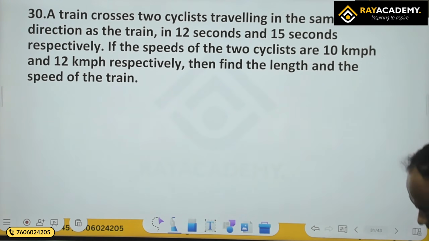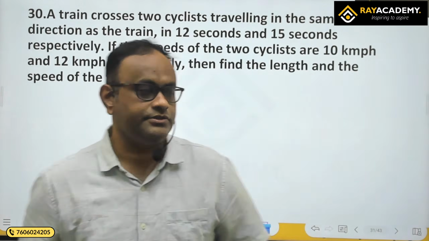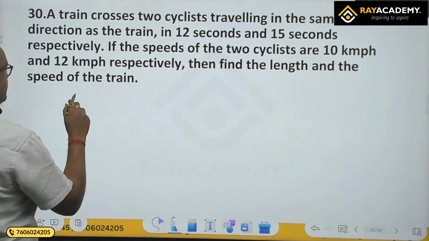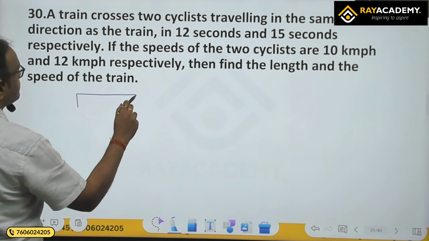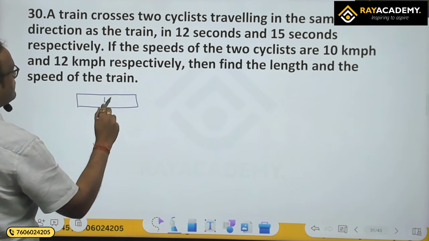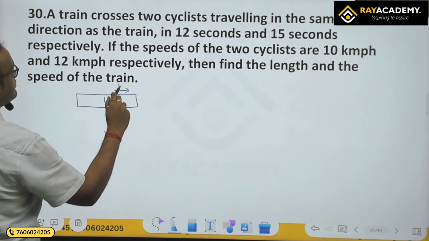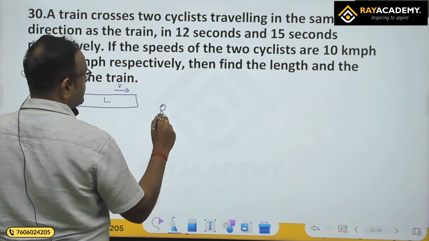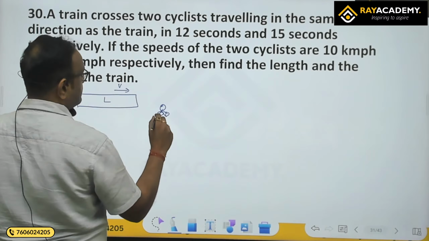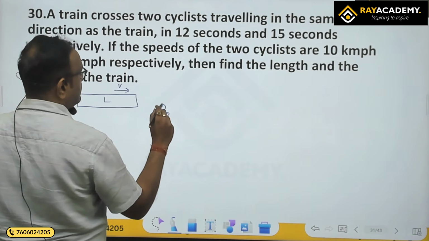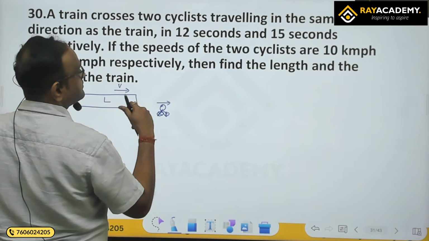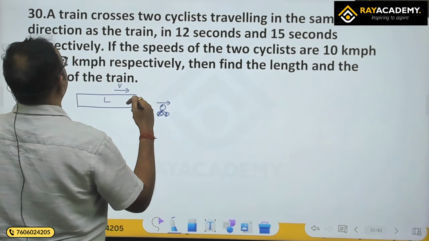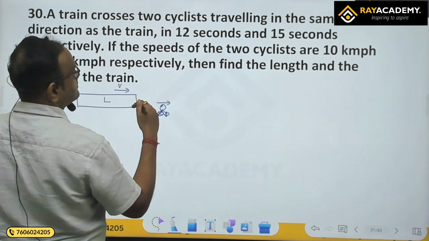Okay, so first you draw the situation. This is the train moving, train length I don't know, speed also V, that also I don't know, we need to find out. Cyclist is going.